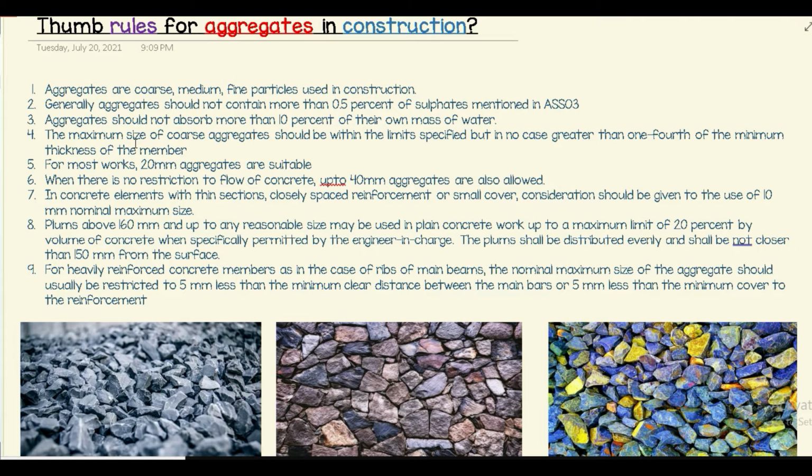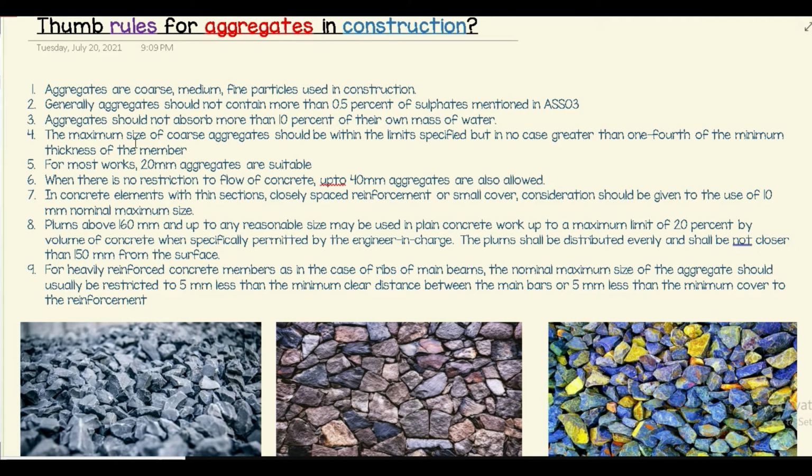And at number five, it says that for most works, 20 mm aggregates are suitable. In fact, 20 mm aggregates are the most widely used ones, and I even use them the most in almost all sorts of works. At number six, it says that when there's no restriction to the flow of concrete, up to 40 mm aggregates are also allowed.